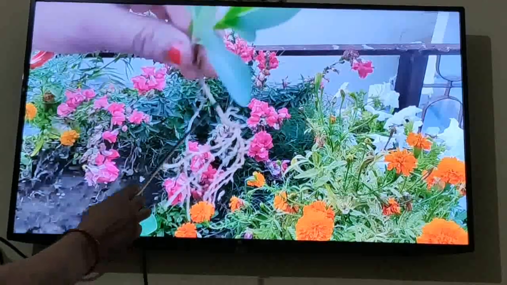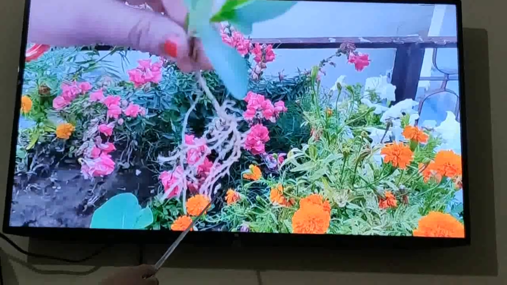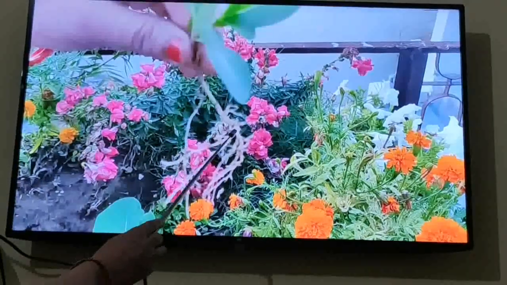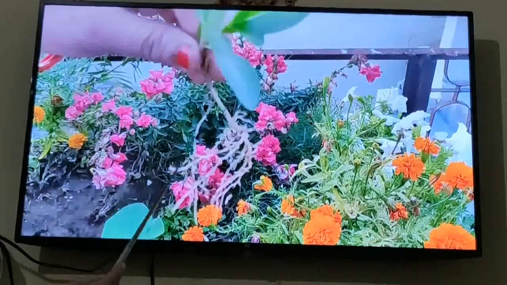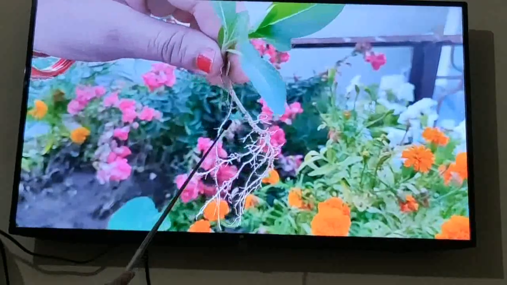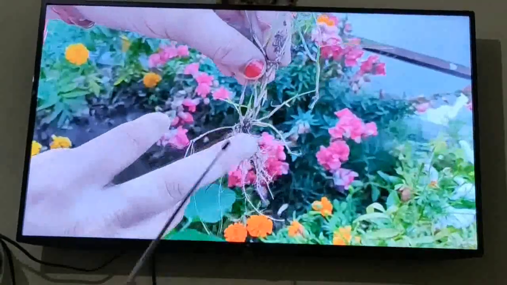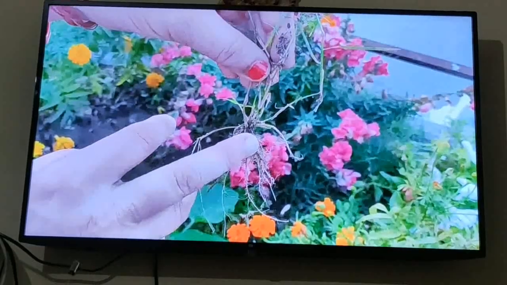Look at this, the main root is coming out till here, and then secondary roots are there from its sides. So this is a tap root. For example, pea plant, neem tree, mango tree and many more have the tap root.